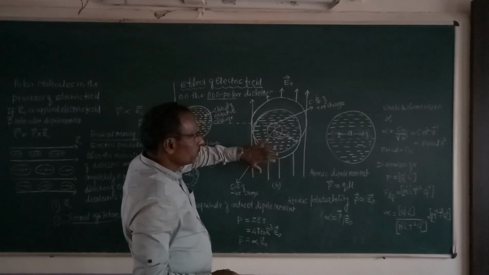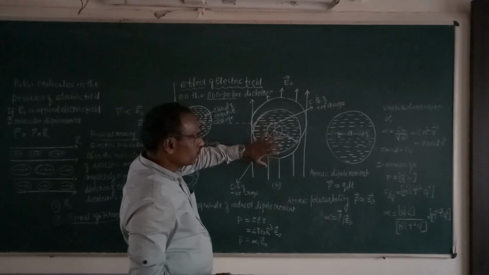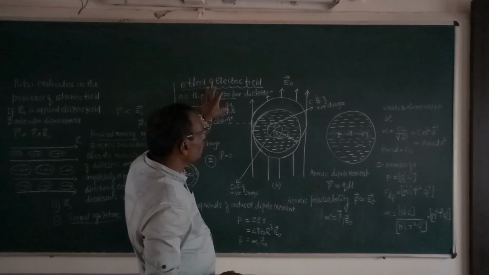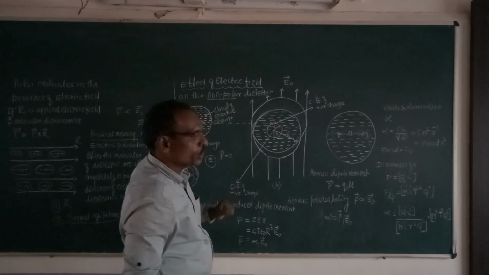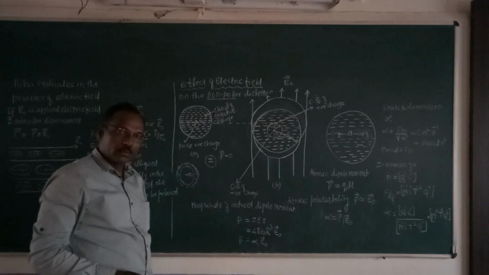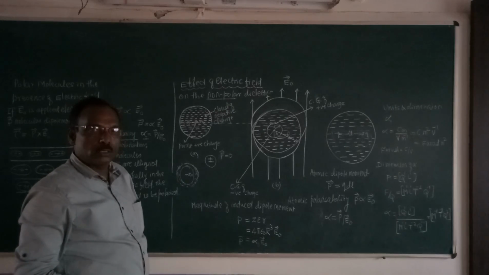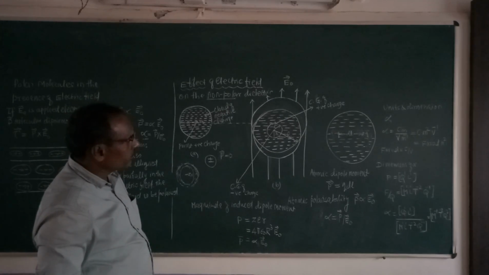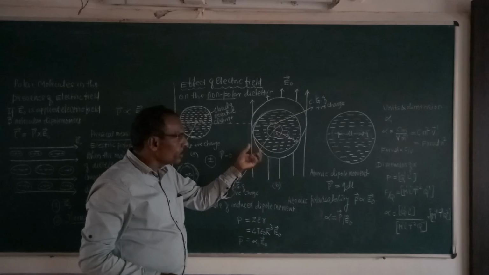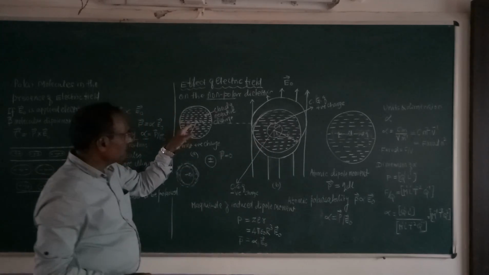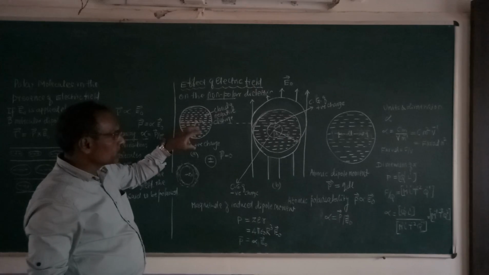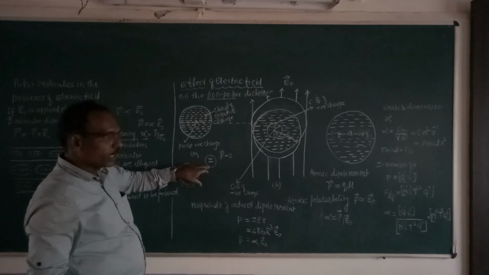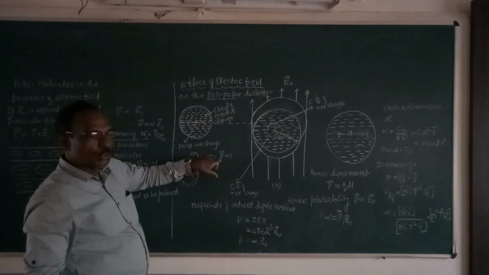Now, this is the picture you can see when a non-polar dielectric substance is placed in an electric field of suitable strength, which induces both positive and negative charges. Without the field, the center of gravity of positive charge and negative charge coincide and the dipole moment is zero.